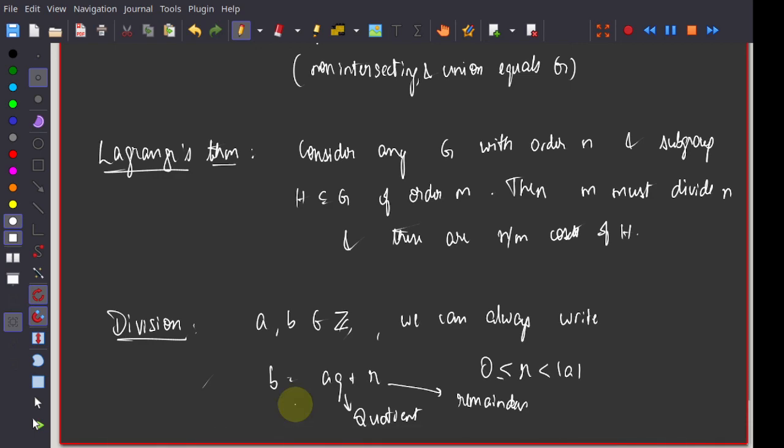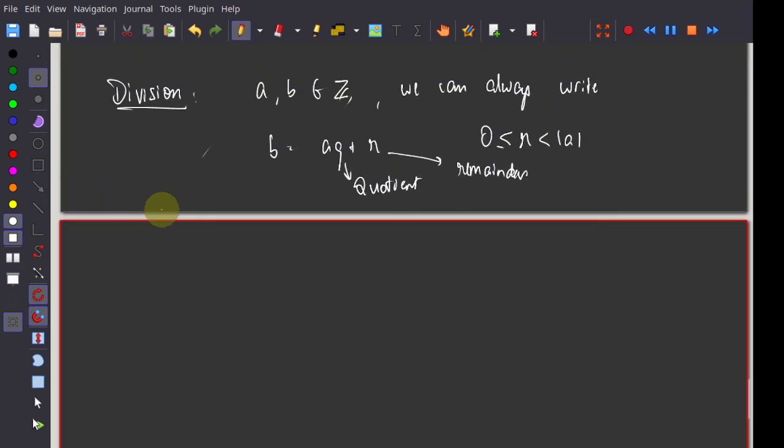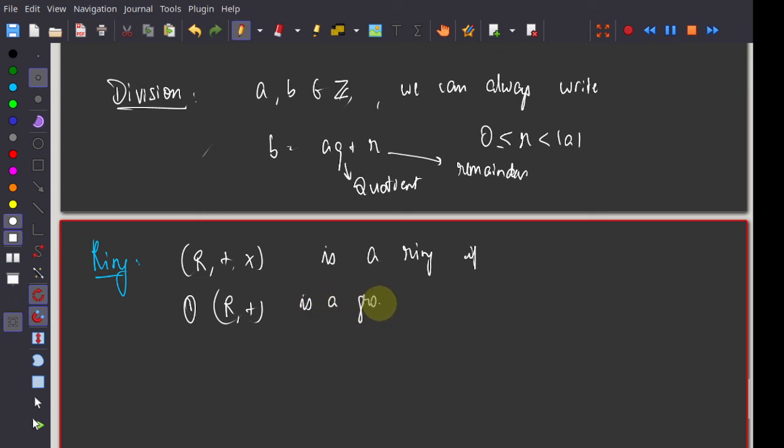So the set of integers forms what is called a ring. Given a set R, an addition operation and a multiplication operation, we call this a ring if, firstly, it's an additive group. Multiplication is associative.